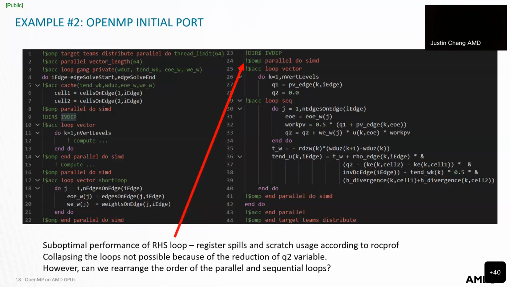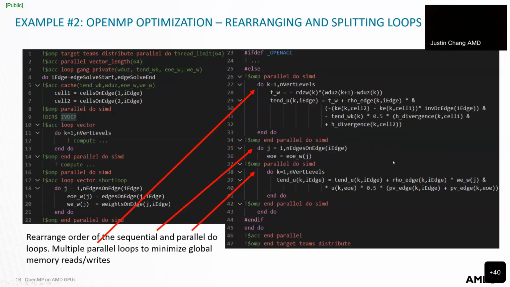But so what can we do? So we notice that, as I said, collapsing the loops is not possible because of the reduction of the Q2 variable. But how can we rearrange the order of these parallel and sequential loops to hopefully improve performance and to reduce register spills? And so, yes, it is entirely possible.